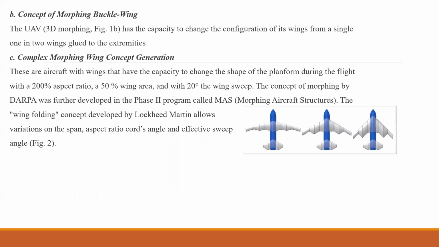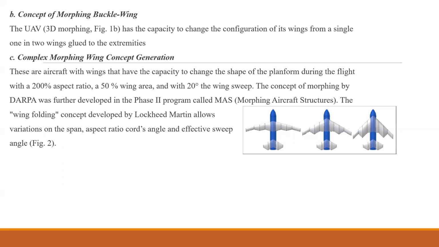And coming to complex morphing wing concept generation, there are aircraft with wings that have the capacity to change the shape of the planform during the flight, with a 200% aspect ratio, a 50% wing area, and a 20 degree wing sweep. The concept of morphing by DARPA was further developed in the Phase 2 program called MAS, Morphing Aircraft Structures.